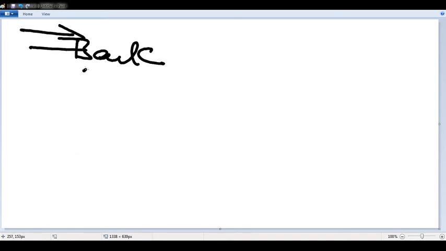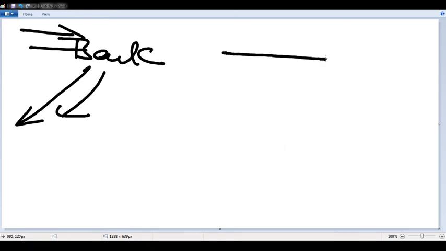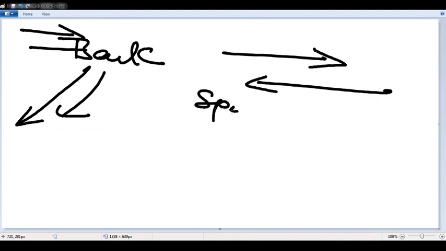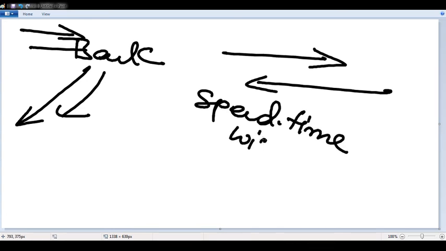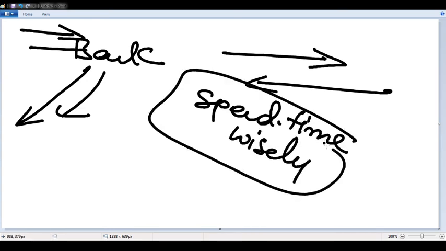Every successful business person has this strategy of taking money from the bank. Nobody in life has become successful by wasting their time, but by spending their time wisely. Don't give up. Spend the time wisely.